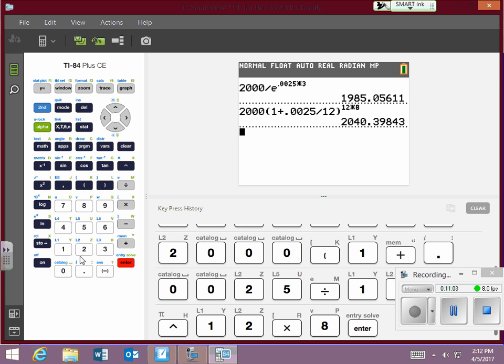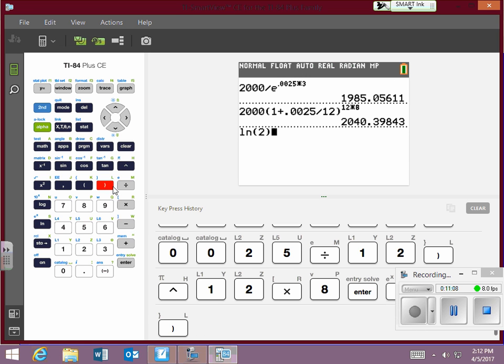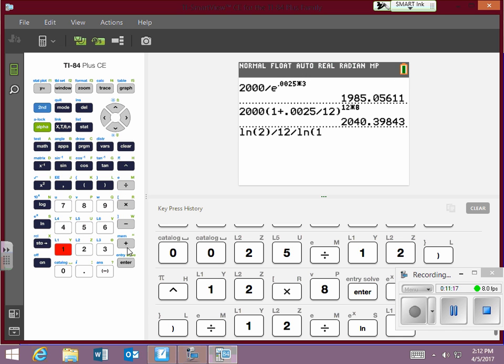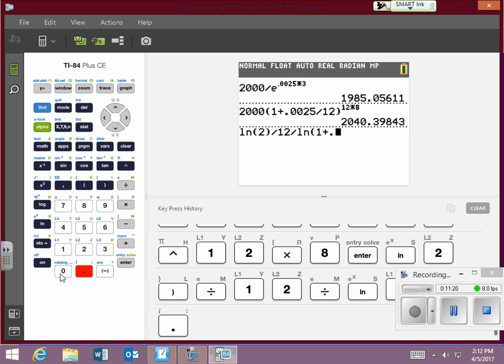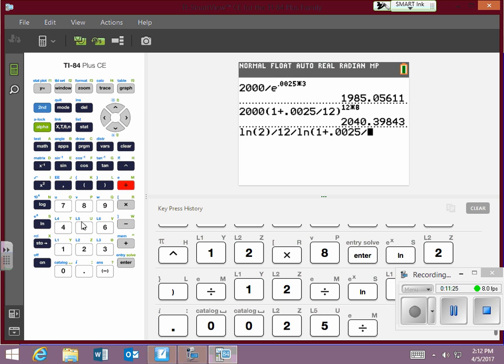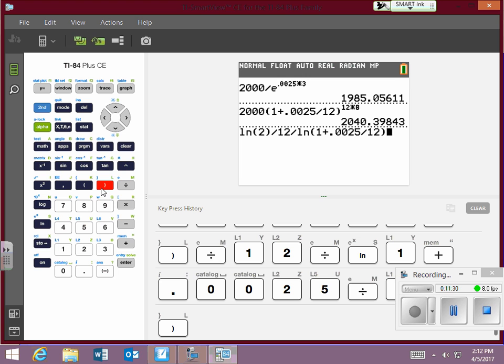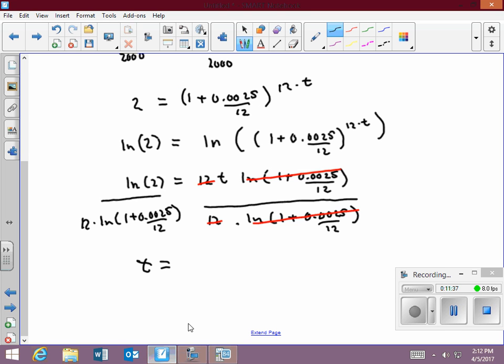So I'm going to have to do ln 2, close the bracket, divide it by 12, and then I can just divide again, right? ln of 1 plus 0.0025 divided by 12 and close the bracket. Now I've told it to do the right thing, right? That is this.